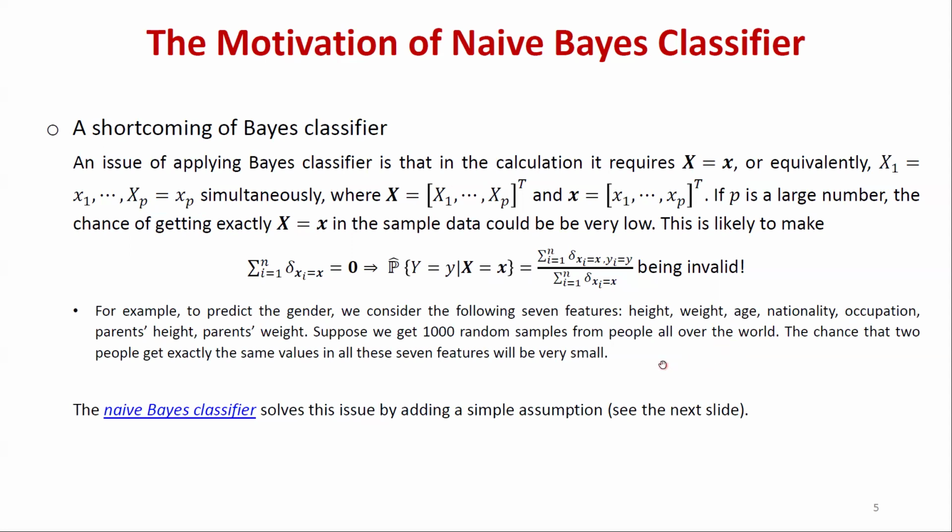If I give you a target data, let's say height 165, weight 130, age 20, nationality US, occupation professor, parents' height 166, parents' weight 135, something like that, of course I just randomly make the data. What's the chance you can find exactly everything exactly the same? Your chance is almost zero. You know what I mean?